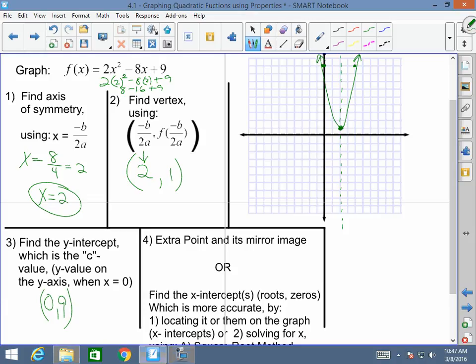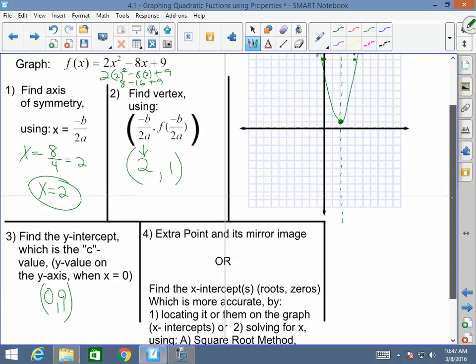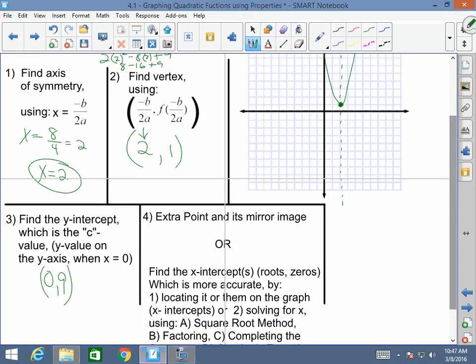Now, we're done here. However, sometimes they want more points, or sometimes both the vertex and the y-intercept are the same value. If the vertex and the y-intercept are the same value, then you have to do one of two things, guys. You do the extra point and its mirror image, and I'll show you what that means.